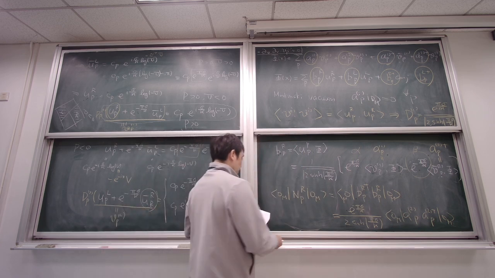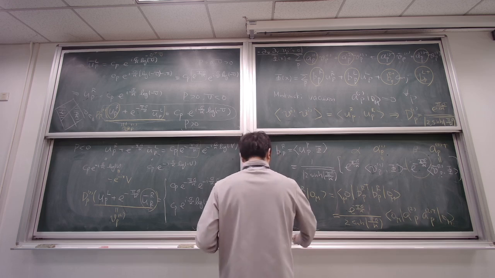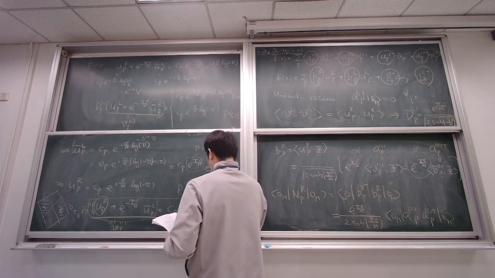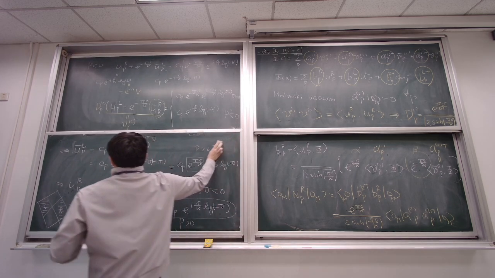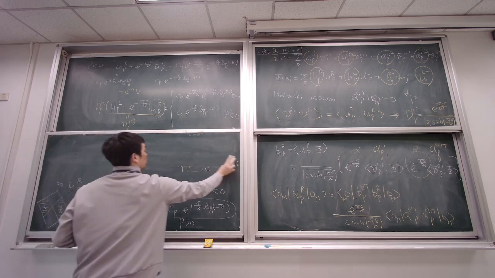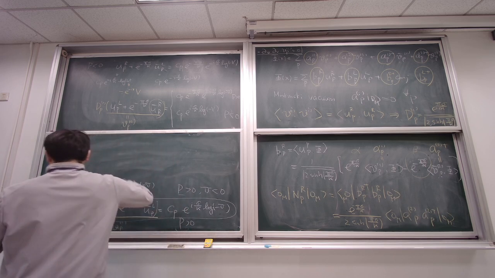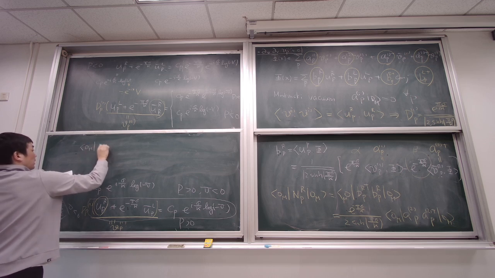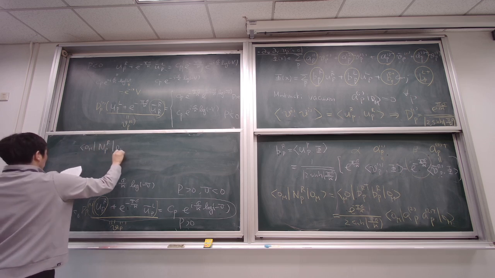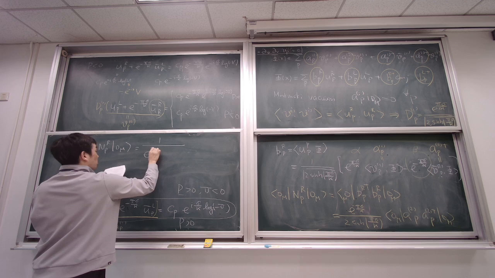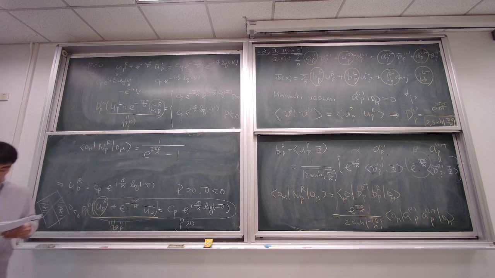Fine. So therefore, the Minkowski vacuum expectation of N_P,R is equal to 1 over e to the 2 pi sigma over kappa minus 1. Okay, so that's the case.